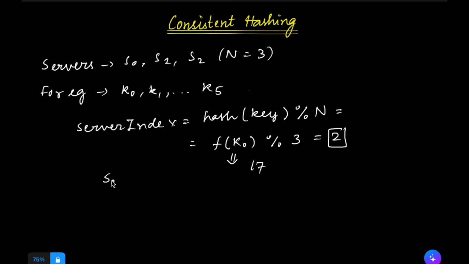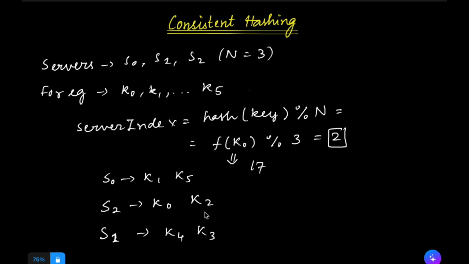In this way, let's say server 1 has key 1 and key 5, server 2 has k0, k2, k3, and server 1 has k4, and this is more or less evenly distributed. But to make it look more distributed, let's say I put k3 in server 1.